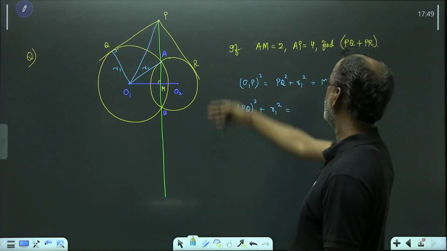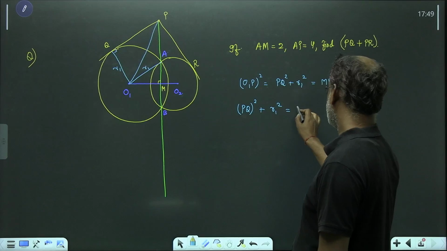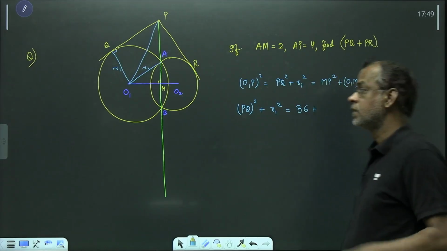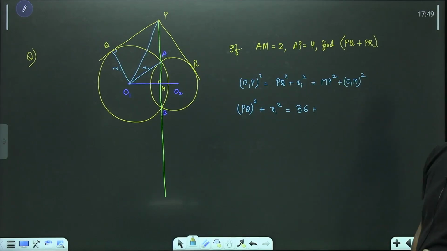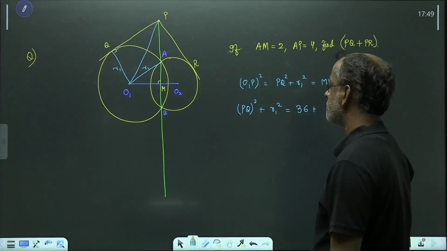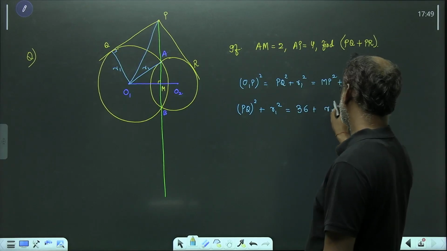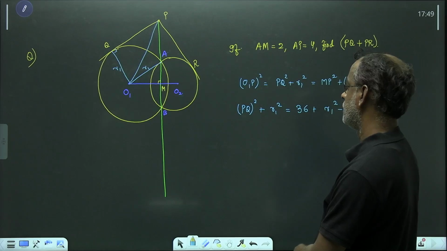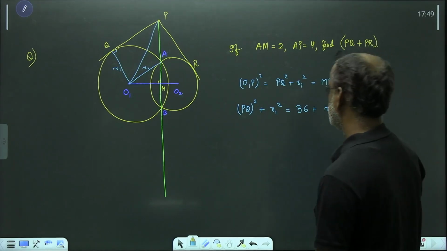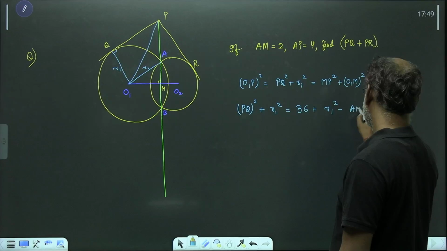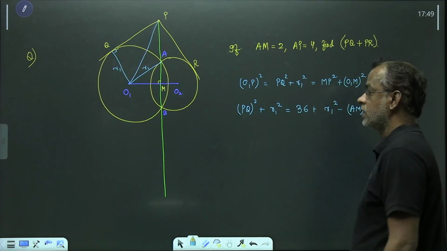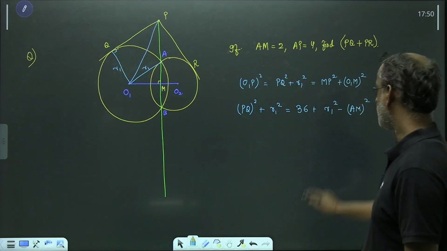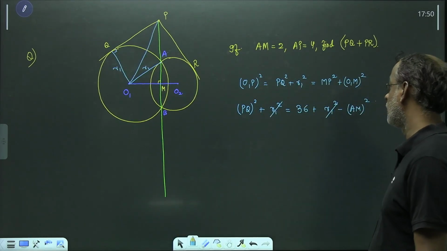AM is 2 and AP is 4, so MP is 6, and MP square is 36. O1M whole square is R1 square minus AM square, so R1 square gets cancelled out.